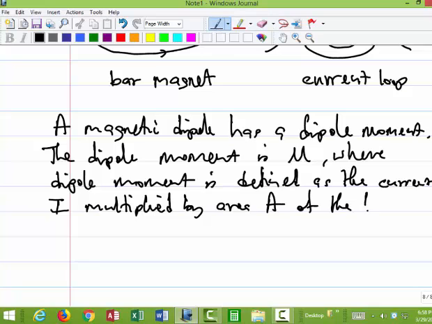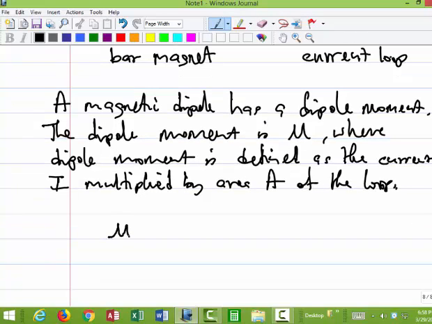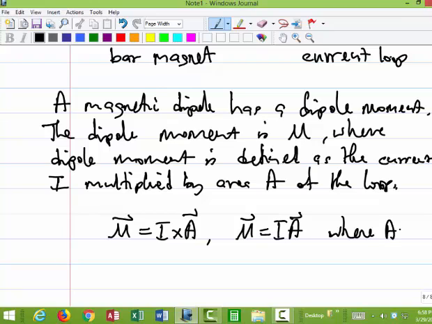So the dipole moment mu is equal to current times area of the loop. This is a vector, so we can say the dipole moment is equal to I times A, where A is the area vector for the loop.